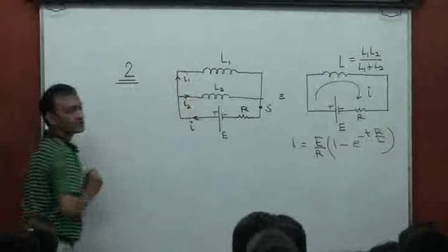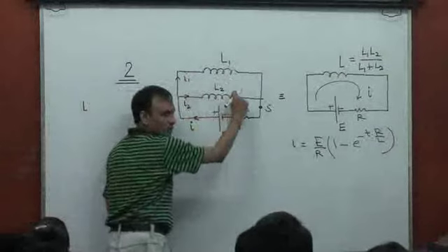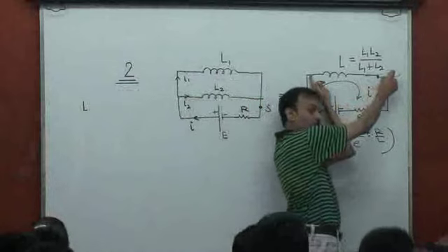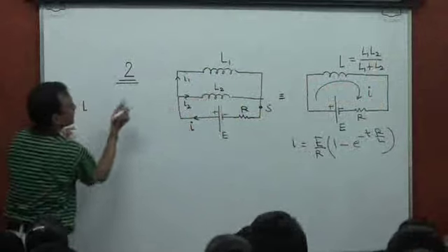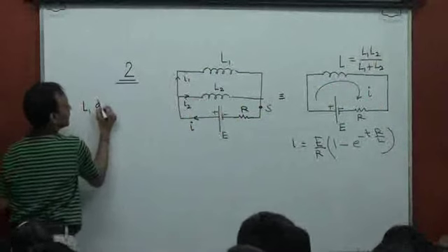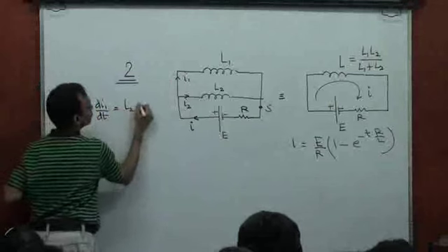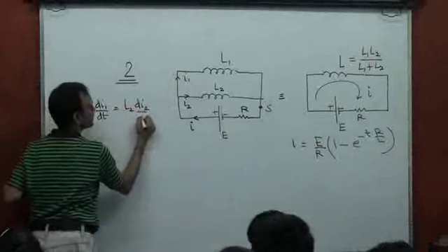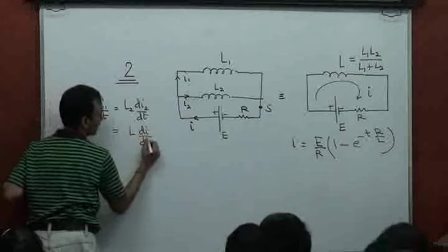And it will be such that the drop across this is the same as the drop across this, is the same as the drop across the equivalent, isn't it? So then L1 di1 dt is L2 di2 dt is the same as L di dt.